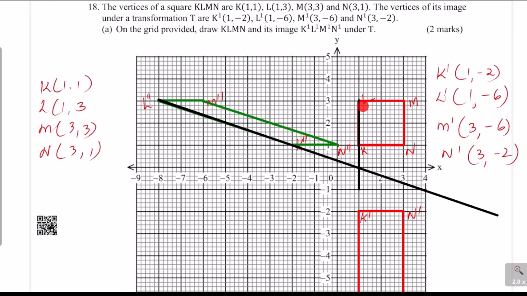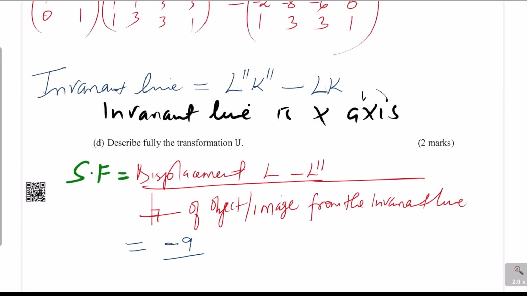There are 3 squares from L to the invariant line. So that is what we mean by the perpendicular distance of the object point or the image point. We'll use the object point L to the invariant line. There are 3 squares. So this will be divided by 3. So the shear factor is -3.